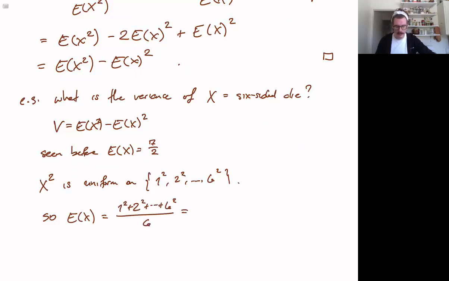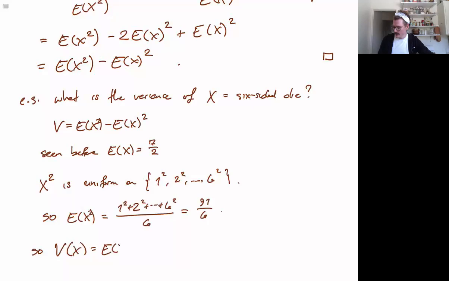And if you multiply this out, it turns out to be 91/6. So the variance now we can compute is, oops, we should have a little square in there, the expected value of x squared.